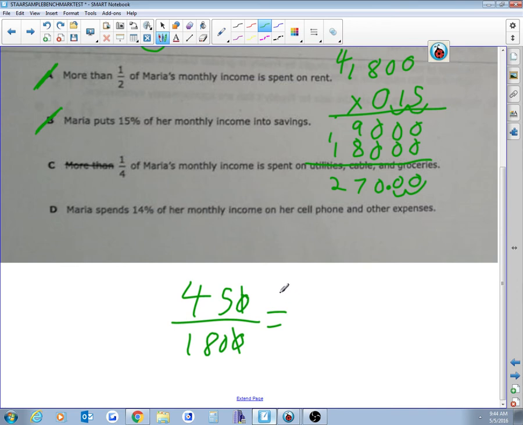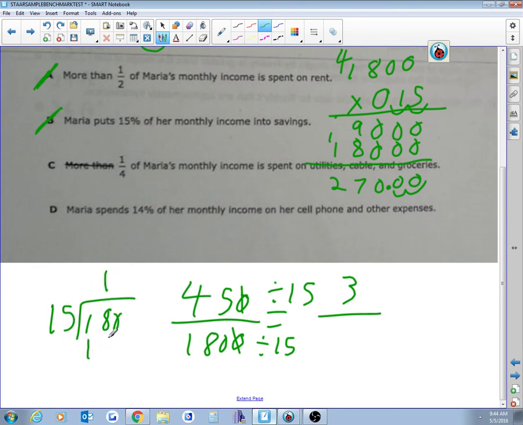And then we can divide by 15. Or you could divide by 5 first and then 3. But when you divide this by 15, you get 3 over, let's see, 180 divided by 15. 15 goes into 18 one time. 1 times 15 is 15. 18 minus 15 is 3.